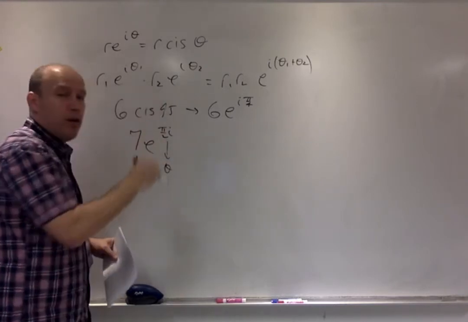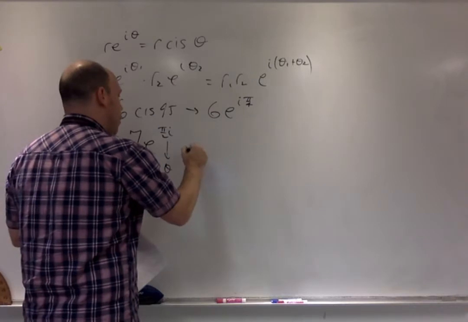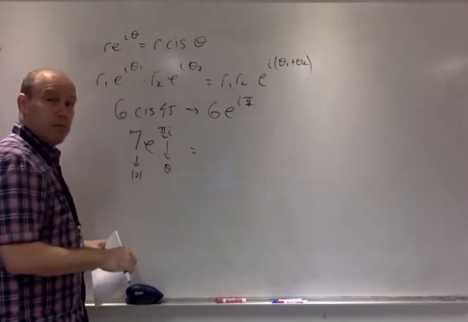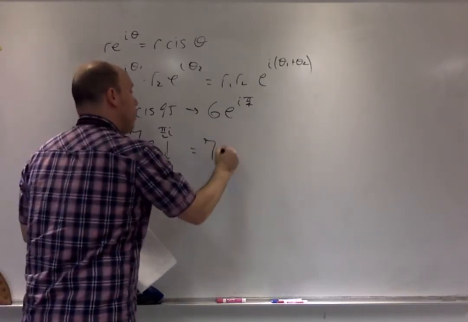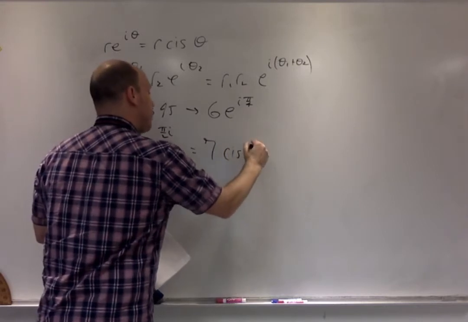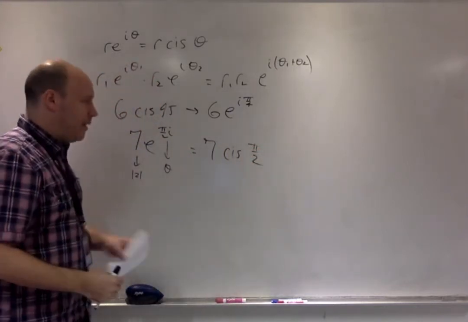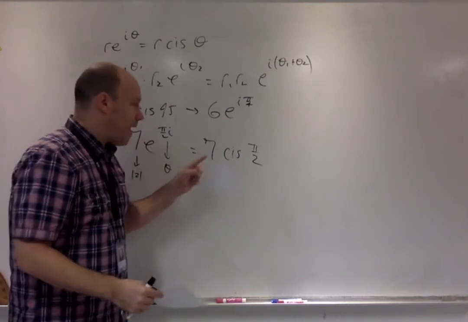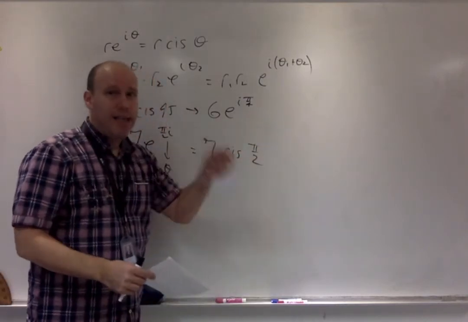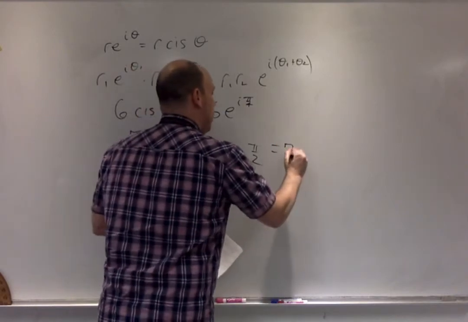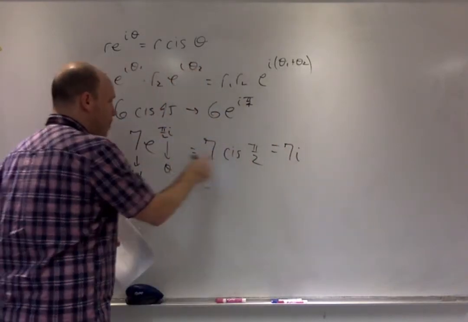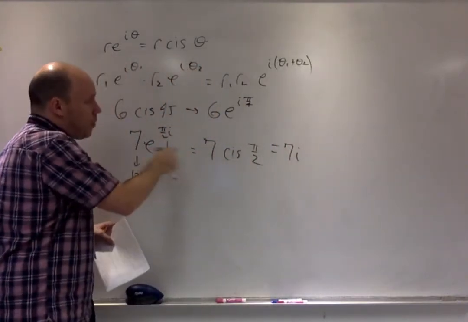You just know in your head this is 7i. So if we're going back, it's 7 cis pi over 2. Immediately in your head you go, that's 7 with a rotation of 90 degrees, 7i. But this is the back and forth. If you're in e, it just makes it easier.